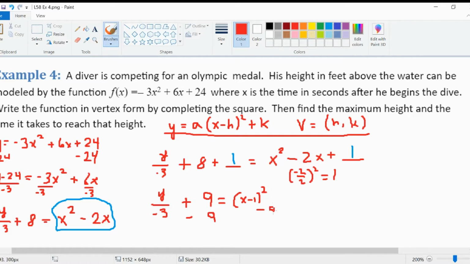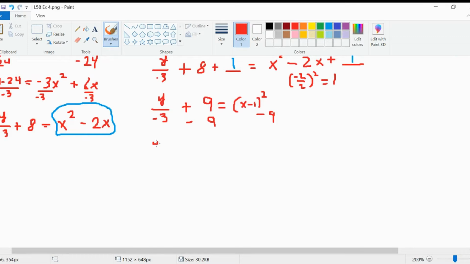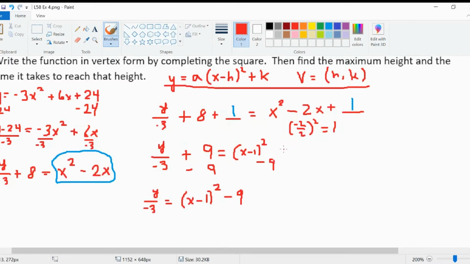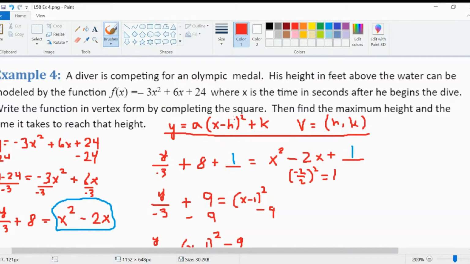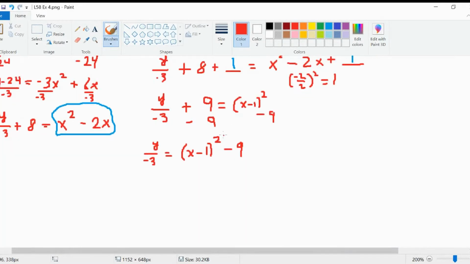Subtract 9 over here, and we're going to have y divided by negative 3 equals x minus 1 squared, and then subtracting 9. Now from above, that's looking familiar to our vertex form, which was what we talked about right away. Lastly, I need to multiply both sides by negative 3. Multiply everything by negative 3, making sure everything's balanced.